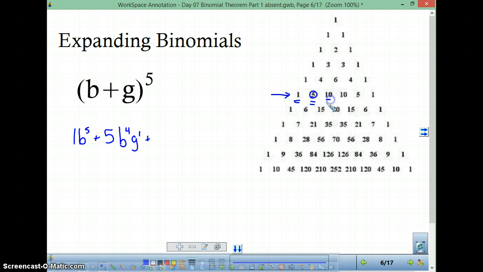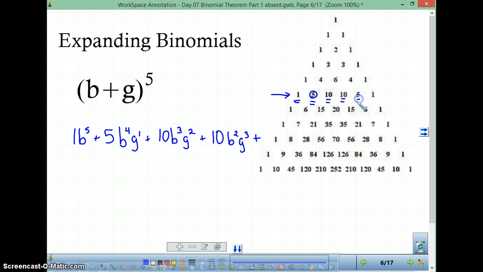Now I'm going to take the third coefficient, 10 times b to the third power, g squared. What do you notice about the exponents of the b's? Going down. How about the exponents of the g's? Going up. Next coefficient is 10. I say b squared, g cubed.